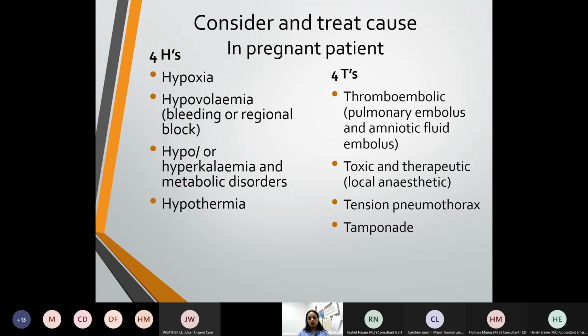And then when we're talking about 4 T's, we talk about thromboembolism because in general, when you're pregnant, you are more prone to develop a clot. And also what is new when you're pregnant is you've got this bag of fluid in your uterus, which is inside a sac, very safely inside there, protecting the baby. But unfortunately, when there is a sudden accident, sometimes a little embolus of that fluid can get into your veins, and that is what we call amniotic fluid embolism.